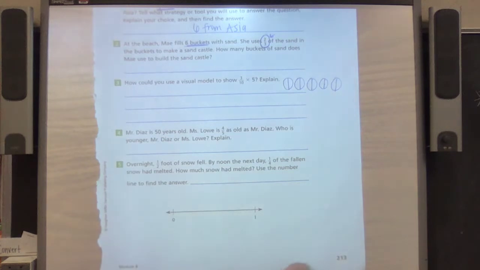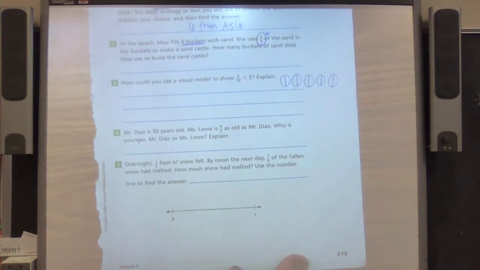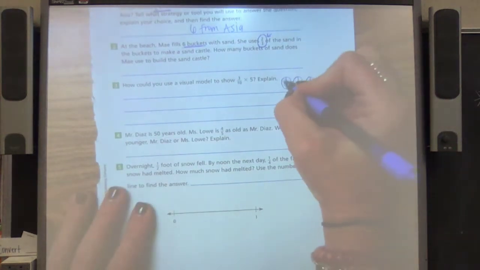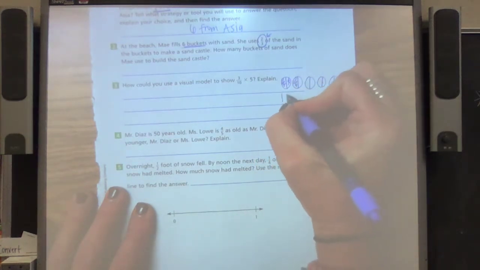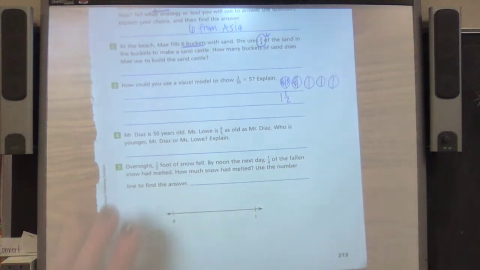And then I'm going to shade 3 of those parts. 1, 2, 3, which is going to be 1 and 1/2. 3/10 of 5.